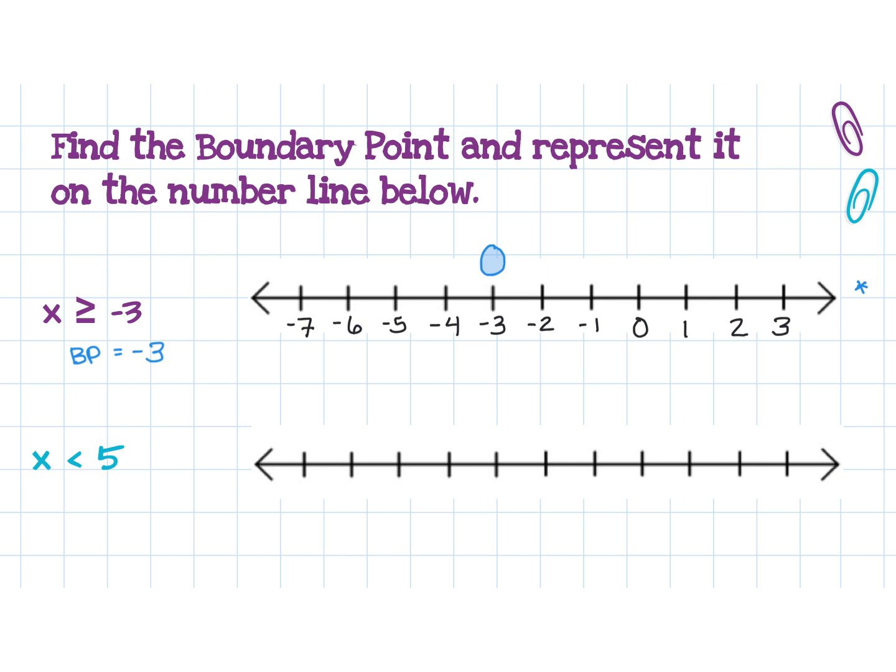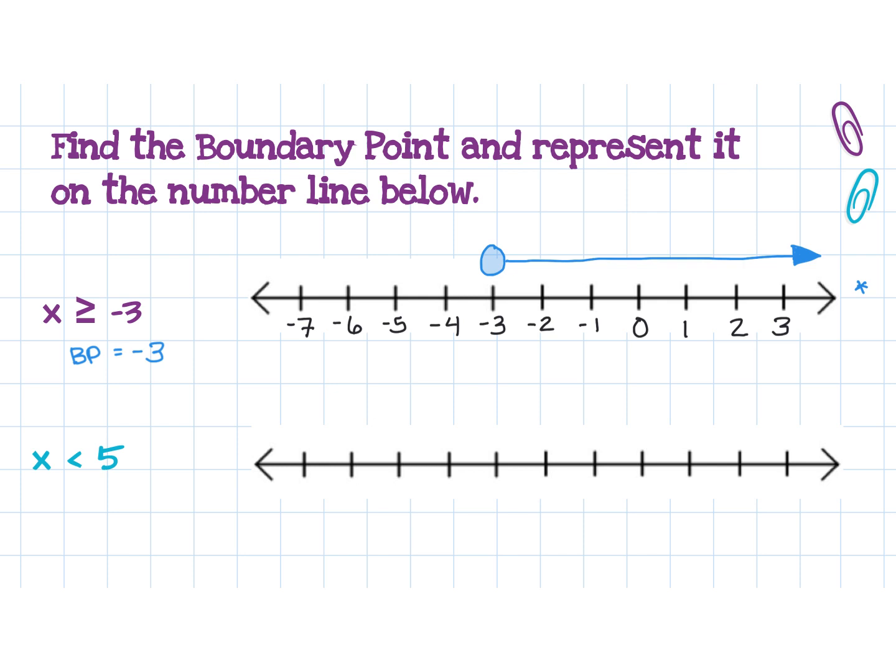Our line is going to extend from -3 to values that are greater than that. So we take our line and come away from that, and we put an arrow at the end. A lot of you are forgetting the arrow. Please do not forget the arrow. It is super important because otherwise it is just a line segment and not a line that continues on forever. And these are inequalities. All right, so that's the first one.